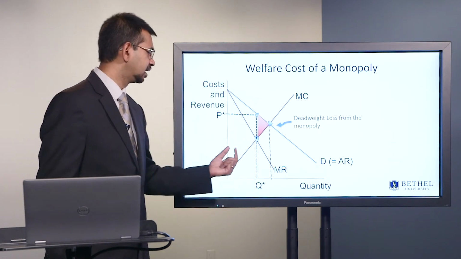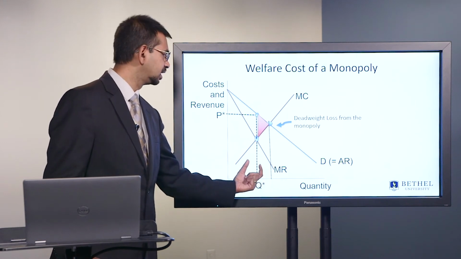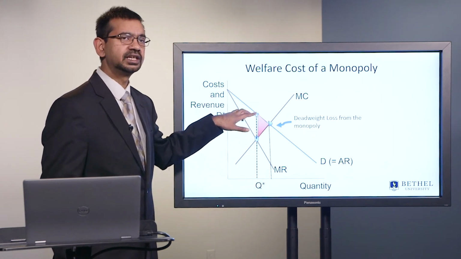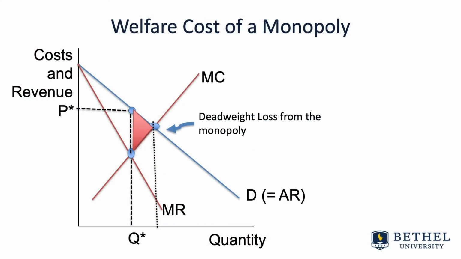As a result, there are fewer buyers in the market, less is sold, and the shaded red triangle is the monopoly loss. We call this the deadweight loss. And this loss exists because the monopolist has restricted the output in the market by supplying less and charging a higher price. In competition, there is no deadweight loss because more is produced at a lower price, so more people can buy that product.